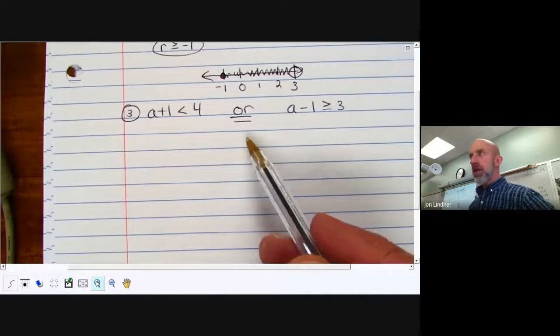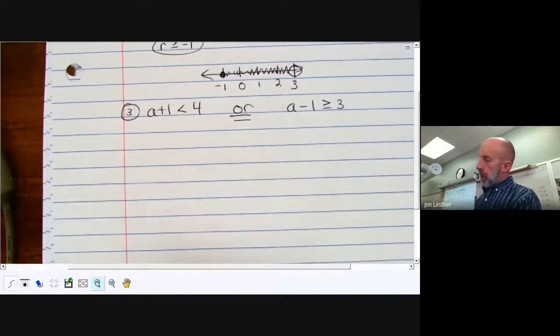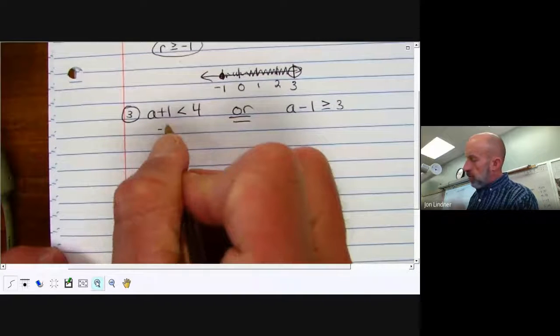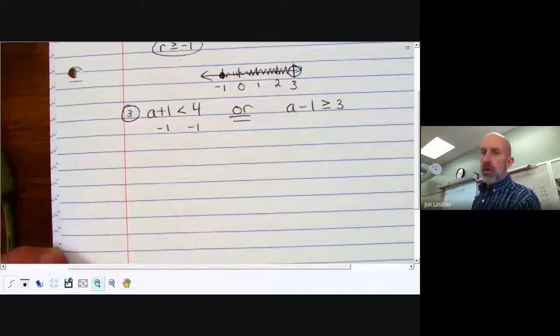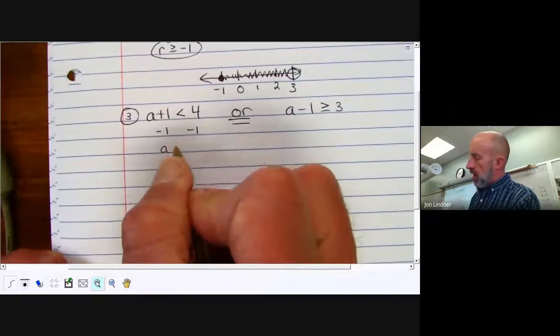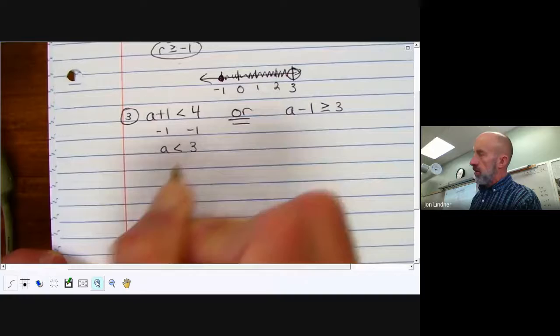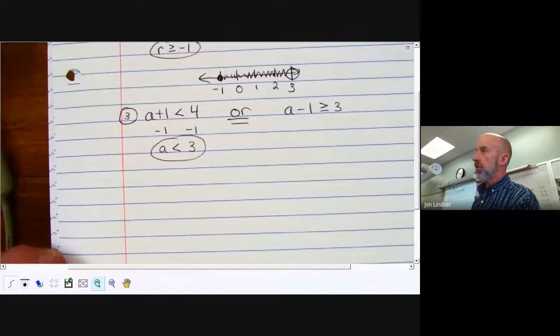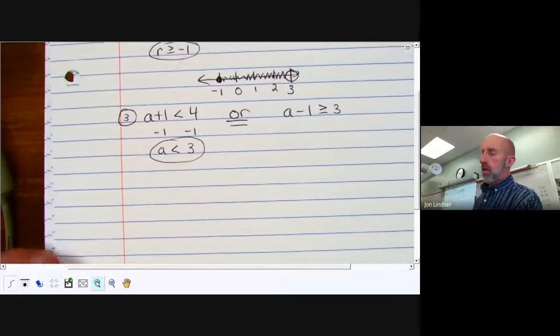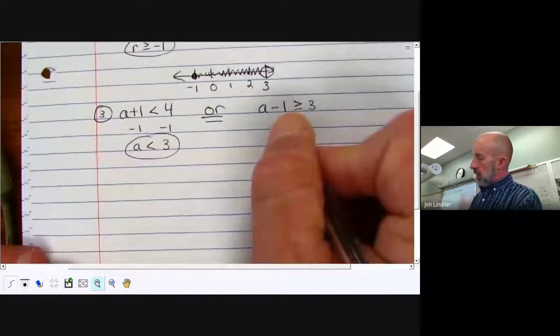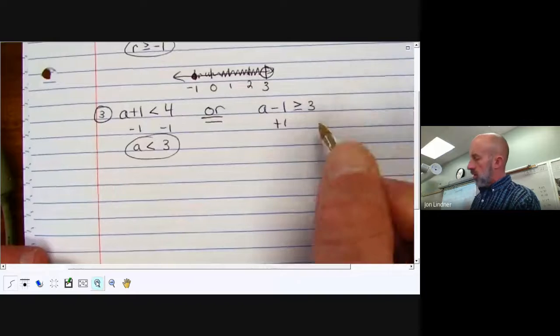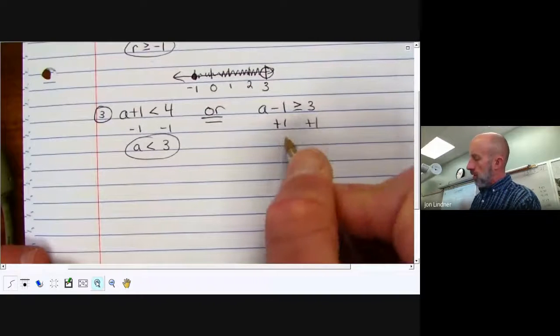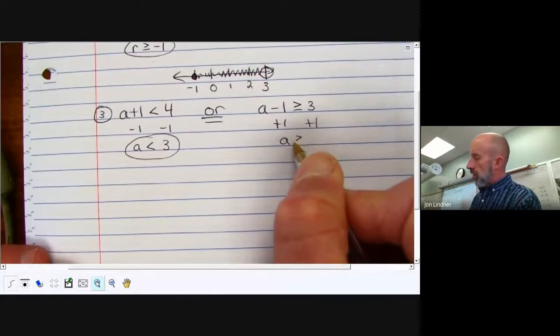Or has a different meaning than and. I think you know that. So let's solve this one. Subtract 1, subtract 1. a is less than 3. That's part of our solution. Let's solve the other one. Add 1. Add 1. a is greater than or equal to 4.